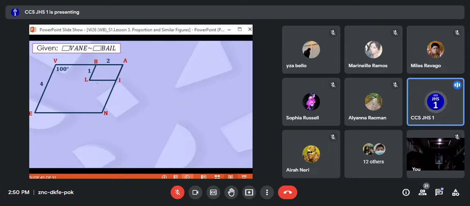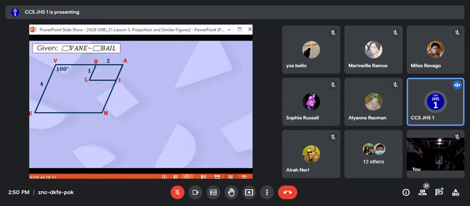Okay, given. This is a problem in your book and I think this is also a problem in your module. Given quadrilateral VANE is similar to quadrilateral BAIL. These two are both parallelograms. You're given the angle at vertex V to be 100 degrees. VE is 4 units. BA is 2 units.